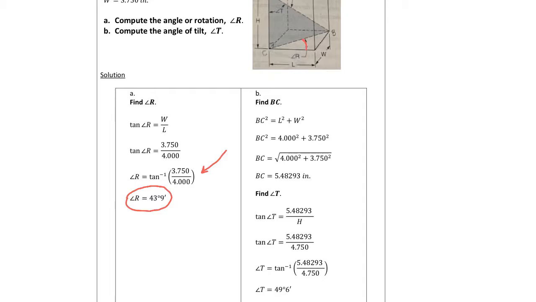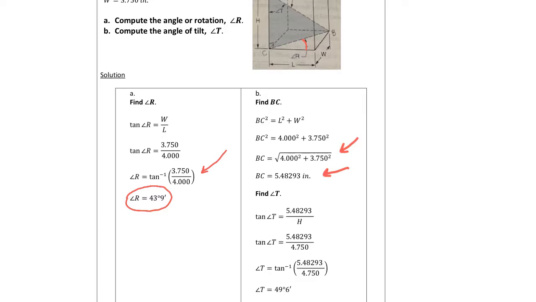Replace L with 4 and W with 3.75 and find side BC by taking the square root of 4 squared plus 3.75 squared. BC equals 5.48293 inches.